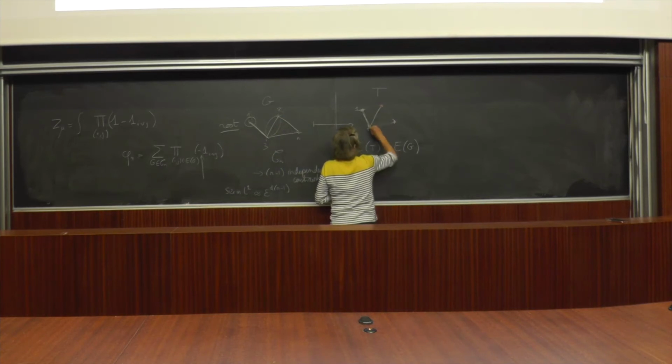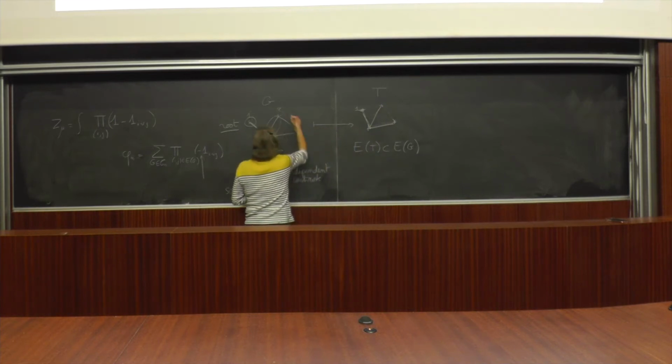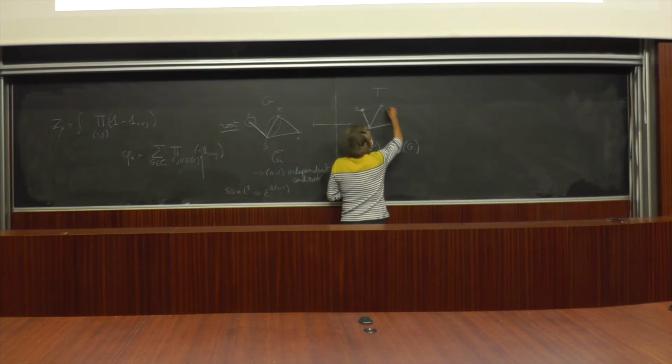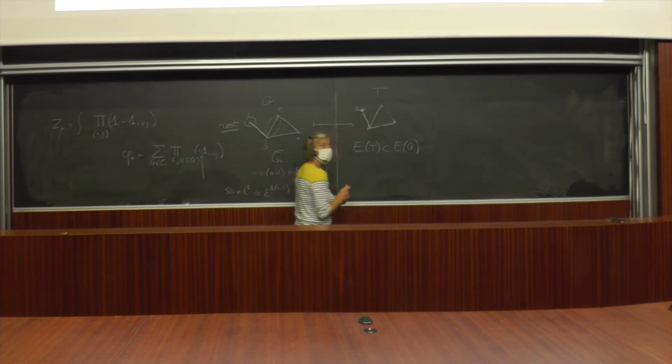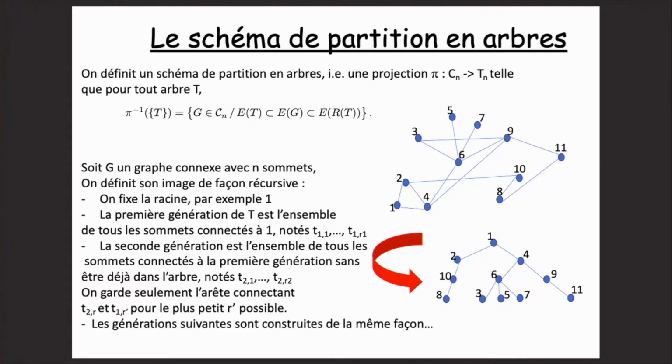I will keep this one and this one. But you see that this one I will never keep, because if I keep it, at some point I have a loop in the graph. Of course, this example is a bit too simple.